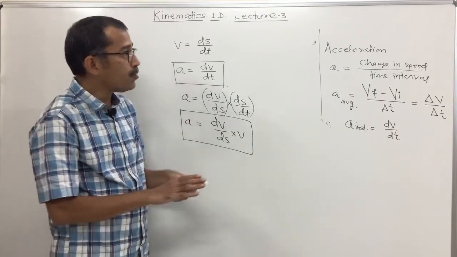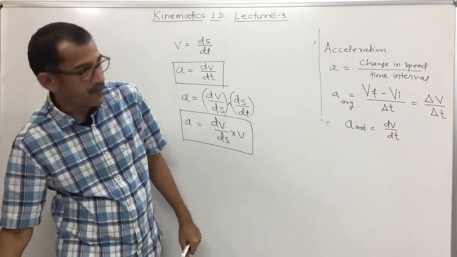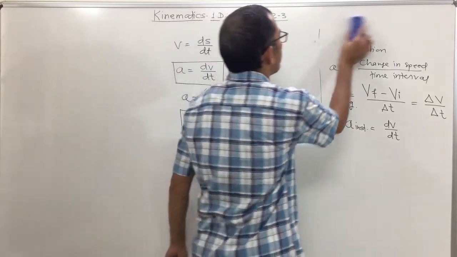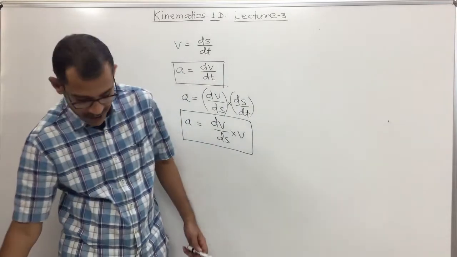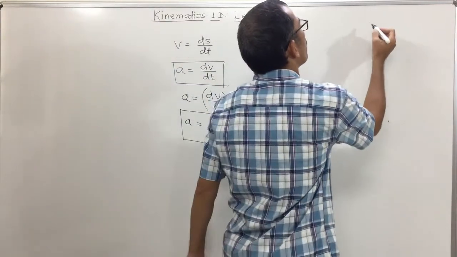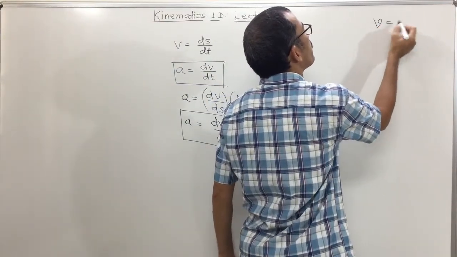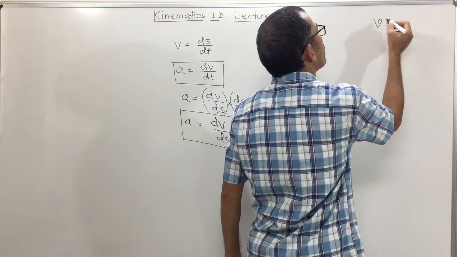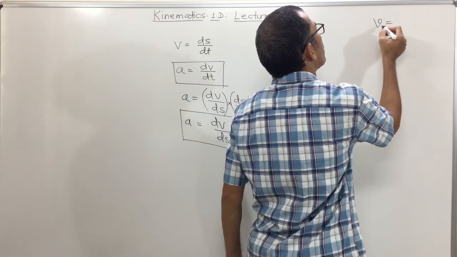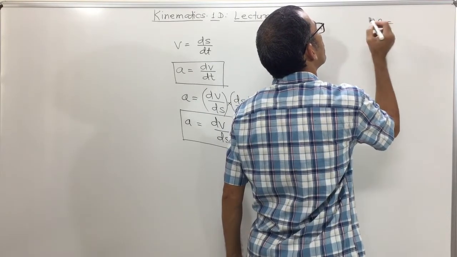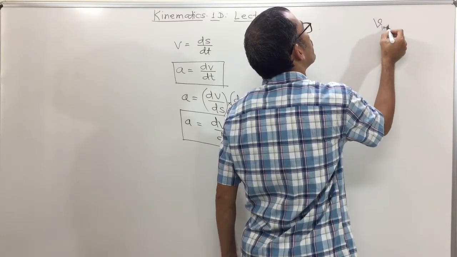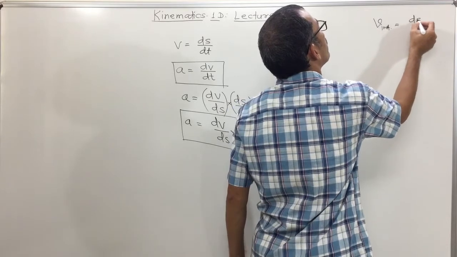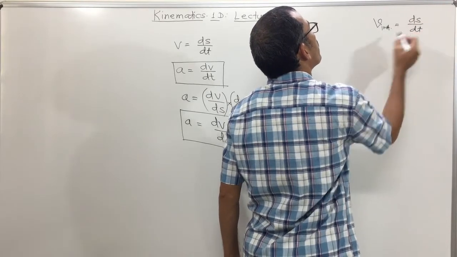Now for solving problems, what is a must? You must know that V, speed or velocity, instantaneous, is ds upon dt.